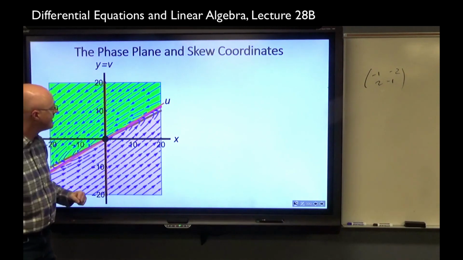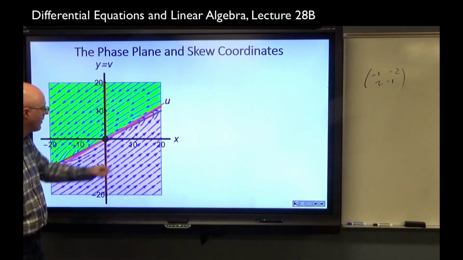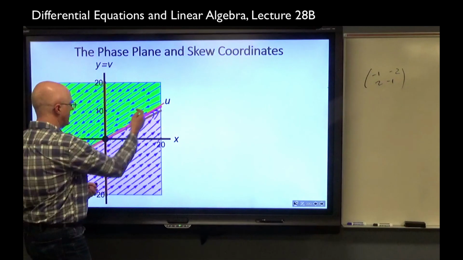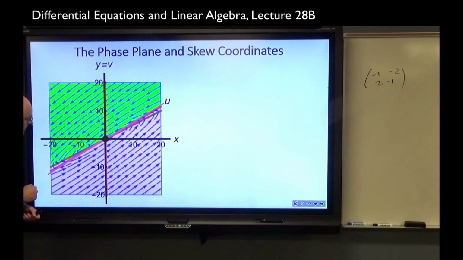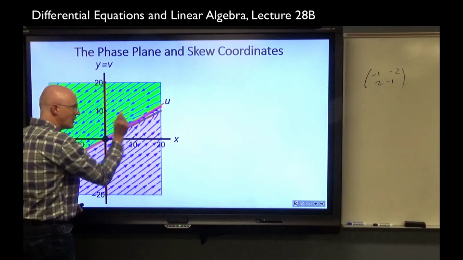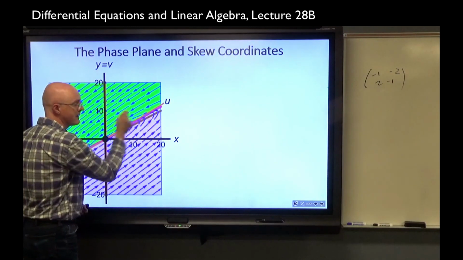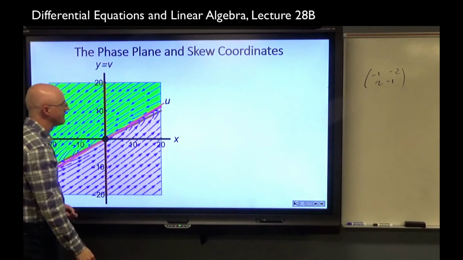The pink one, that's the y null line. Solutions cross that horizontally, going to the left up here and to the right down here. Brown is the x null line, pink is the y null line. They're very close together, so solutions have to turn in a tight manner as you cross here and then cross there again. You've got to turn very rapidly.